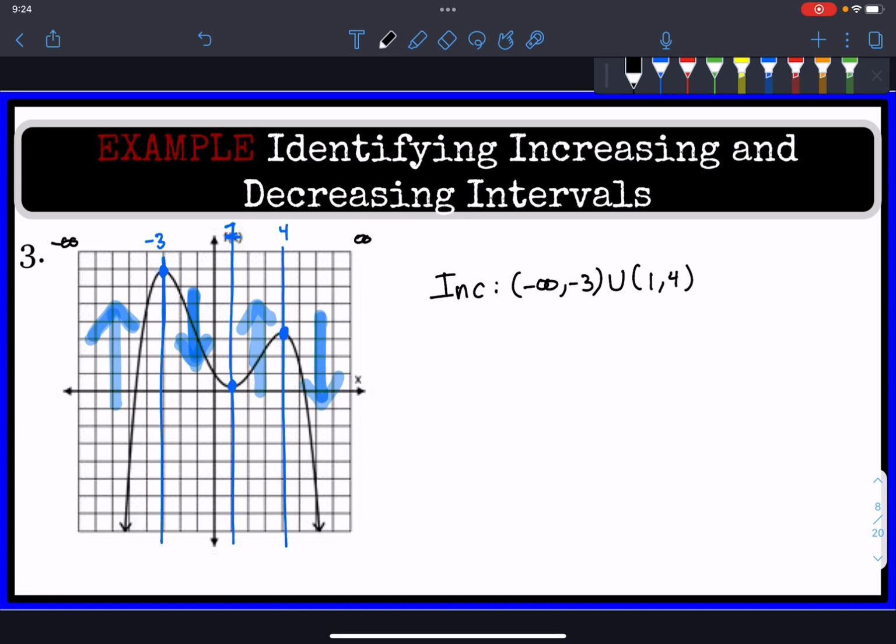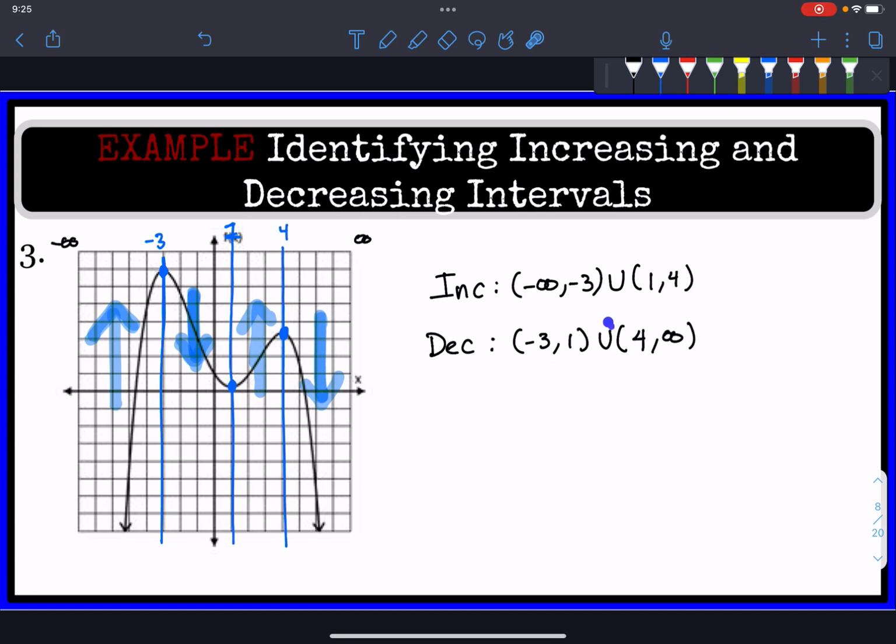So the graph increases for all x values between -infinity and -3, and between all x values of 1 and 4. Our graph decreases for all x values between -3 and +1, and all x values 4 to infinity, greater than 4. So these are the two places where the graph will decrease.